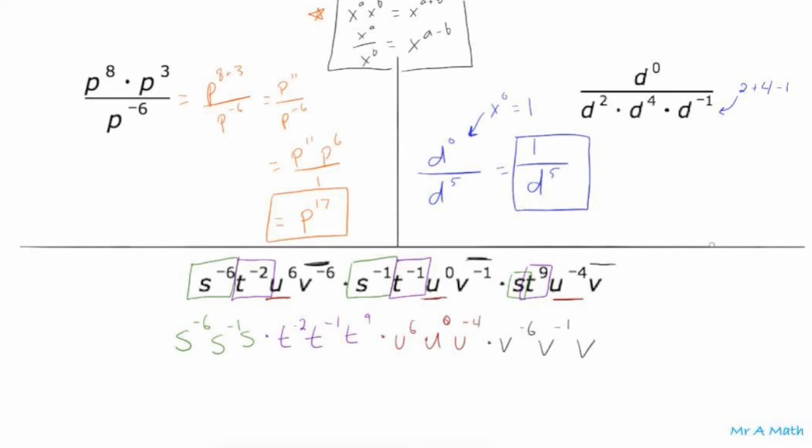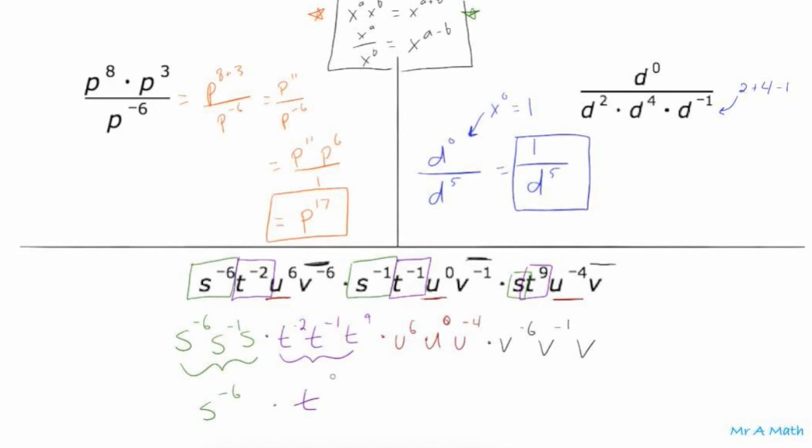So let's go ahead and simplify these down. If I take my first law up here again, this is going to simplify down to s to the negative 6th. This is going to simplify down to t to the, let's see, negative 2 minus 1 plus 9.